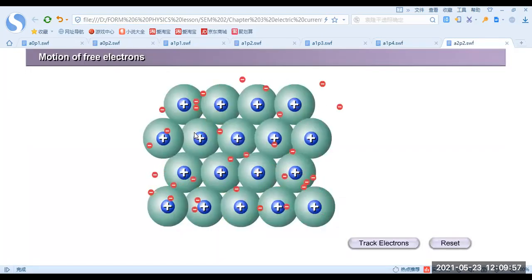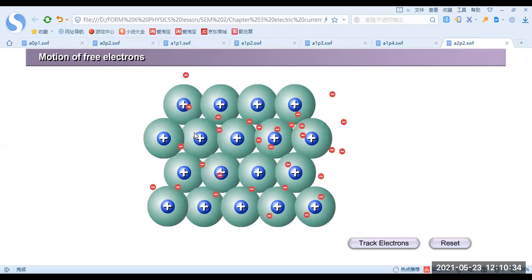Okay. Now we notice why a metal can conduct electricity. As we learned before, metal is a good conductor of electricity. As we know, metal is a good conductor of electricity and also a good conductor of heat energy.